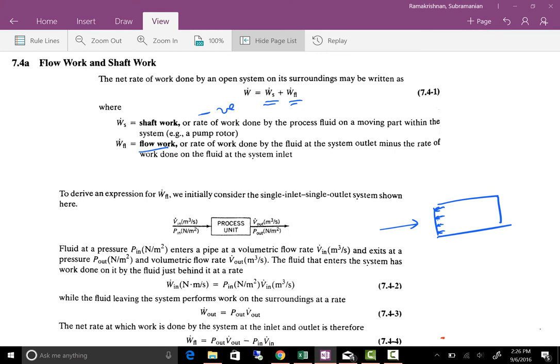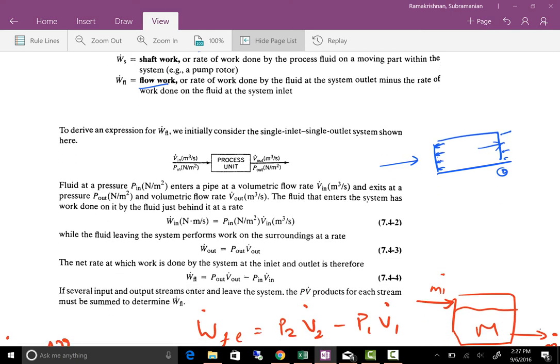Now consider the exit, right? When you consider the exit of the tube, the system has to push this liquid which is close to the exit away such that it can go out. So at the exit, say section 2, the system does work on the surroundings. Alright? I hope that is clear.